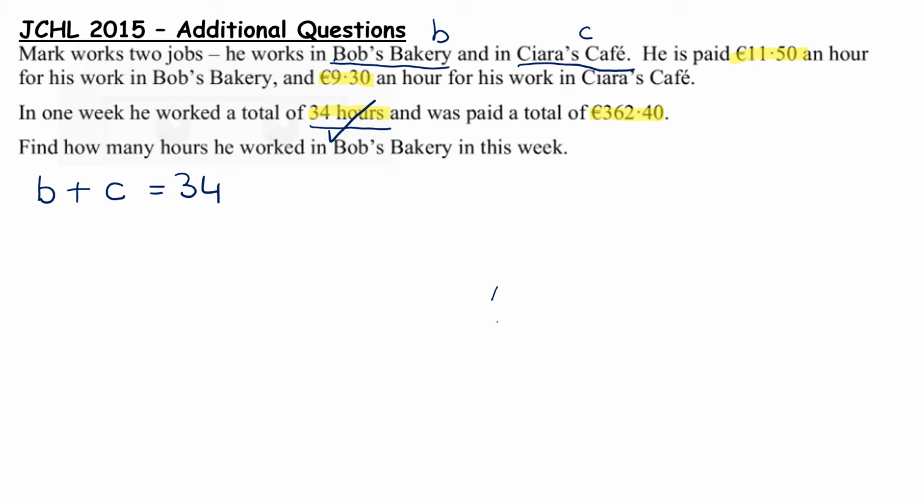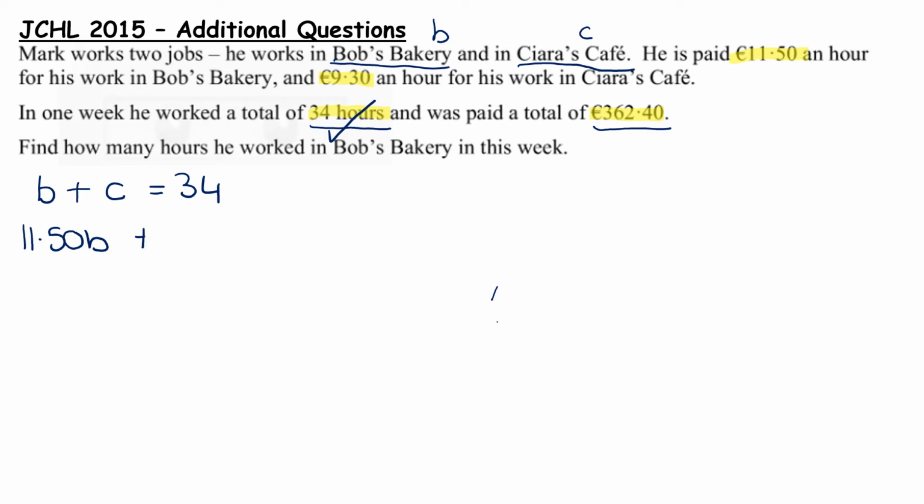So the second thing we know is how much he was paid. So if he worked B hours in Bob's Bakery and he's paid $11.50 an hour, he earns $11.50 multiplied by B, the number of hours, which is $11.50B.